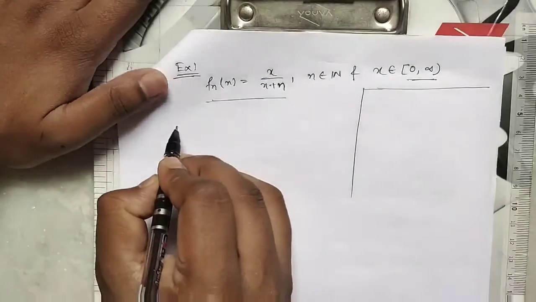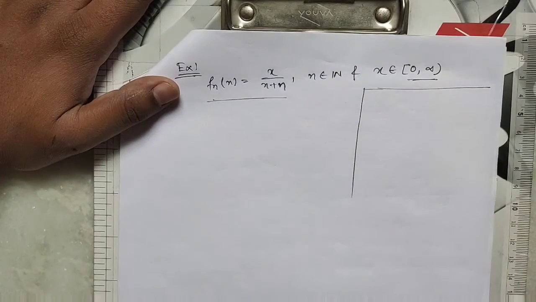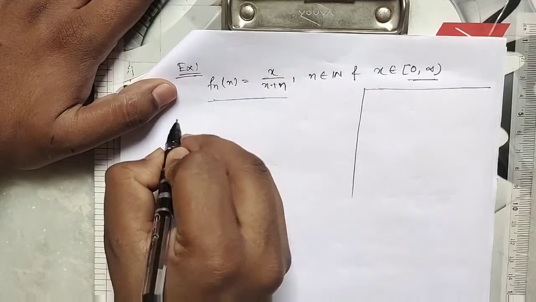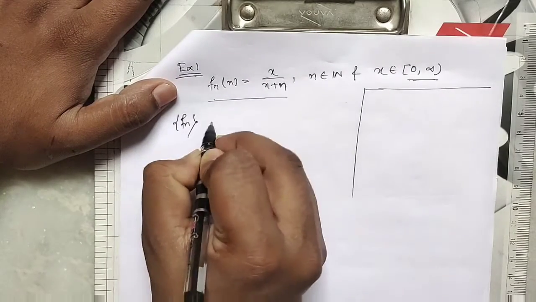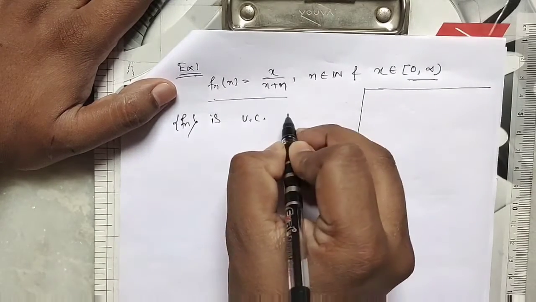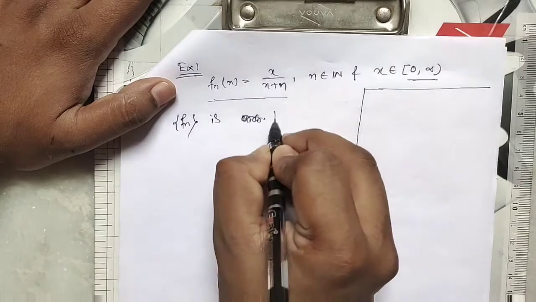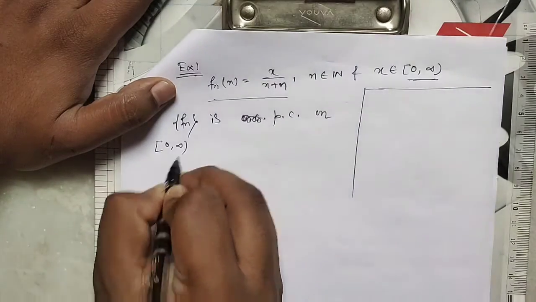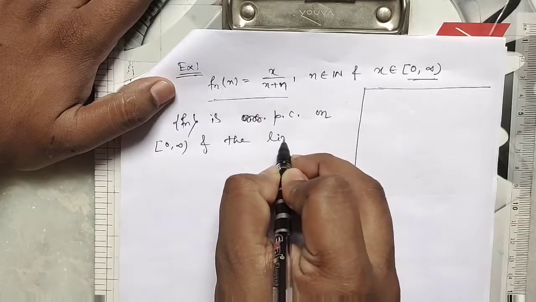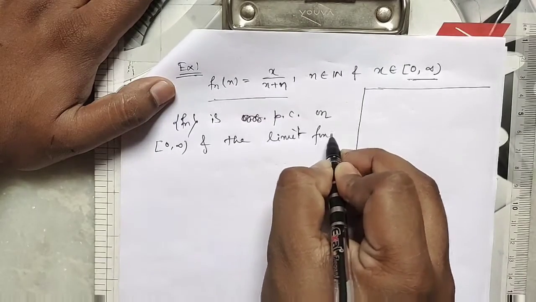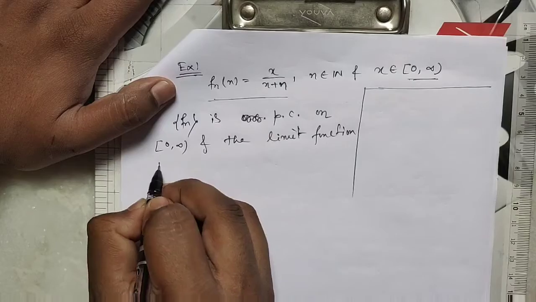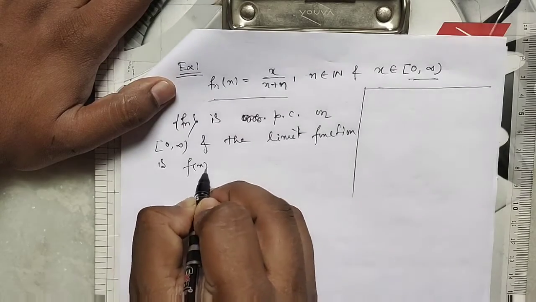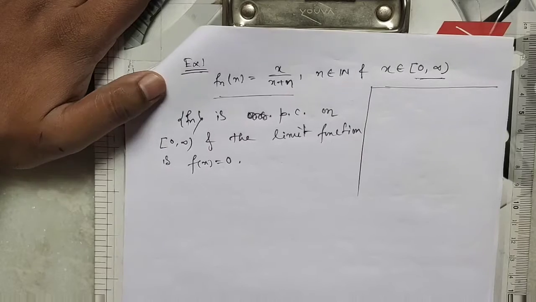In the discussion of previous classes, we easily found that the sequence of functions is pointwise convergent on 0 to infinity, and the limit function is f(x) equal to 0.